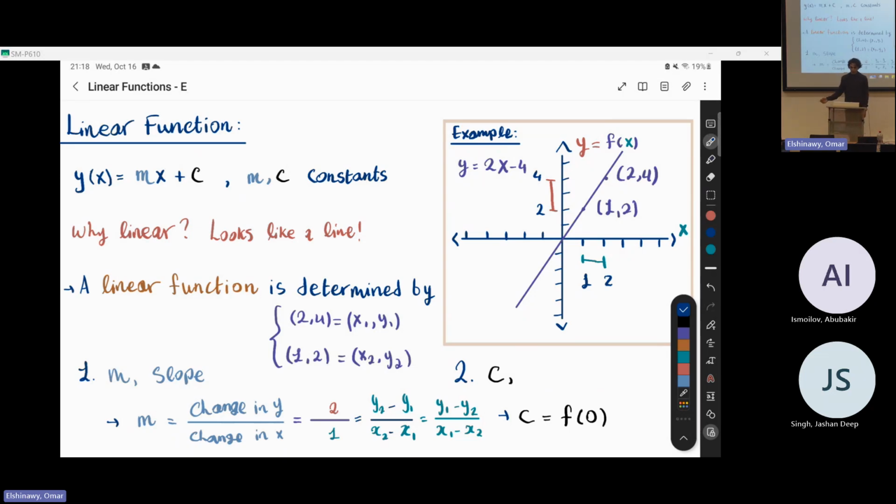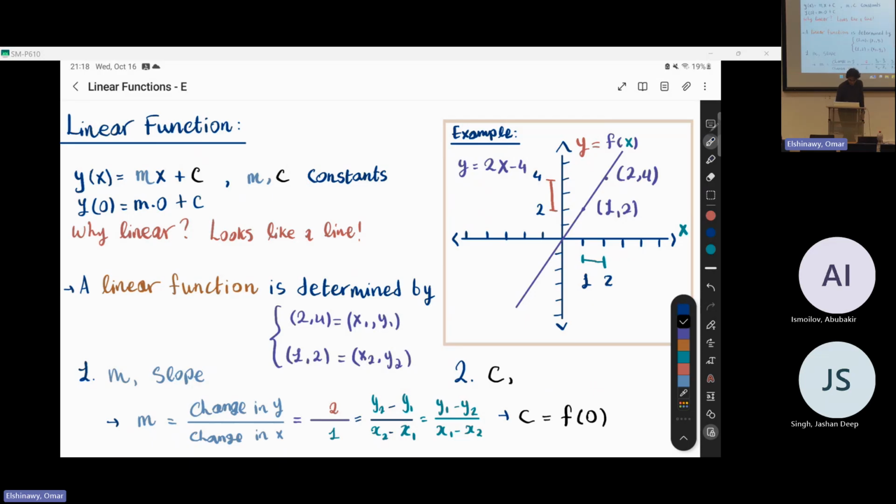So we plug in x into y, we get out an output y. That's how it works. Now, clearly, if you just put in x is equal to 0, so y of 0, it's equal to m times 0 plus c.